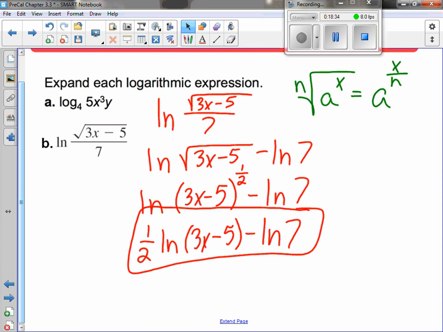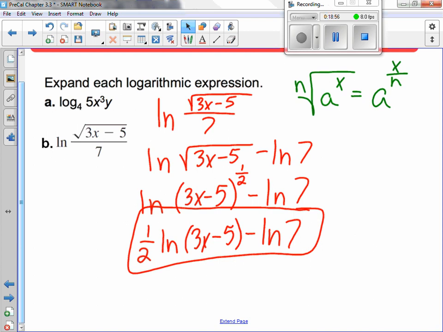That's it. Questions on these here? Questions on any of these here? We good with these here? We want it simplified. We wanted to expand it all the way out because the square root is the same as having a fractional exponent. We can move that out front.